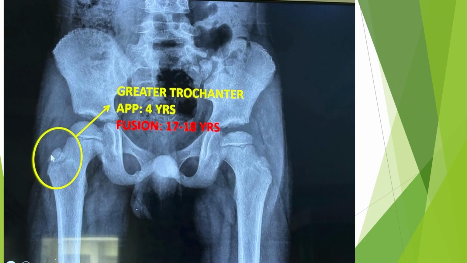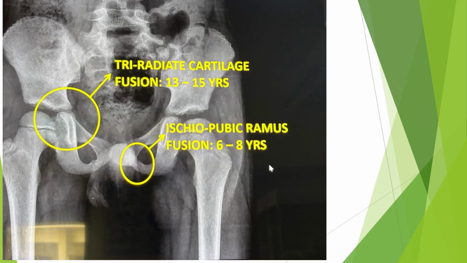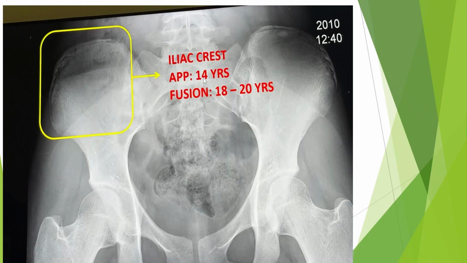Since iliac crest has not appeared, there is no point in talking about ischial tuberosity, which appears by 16 years. Okay. So as I was discussing, the triradiate cartilage fusion is 13 to 15 years. And ischiopubic rami here has fused, and that fuses by 6 to 8 years. Okay.